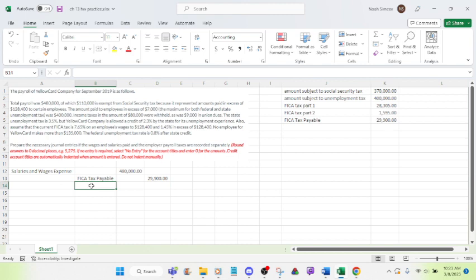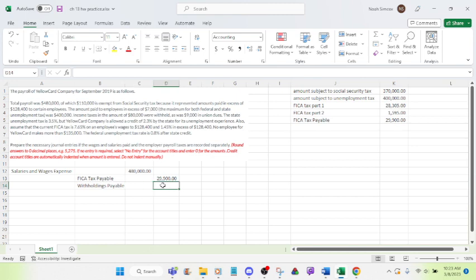Income tax withholdings payable is 80,000, and union dues is... wait, hold on a second.